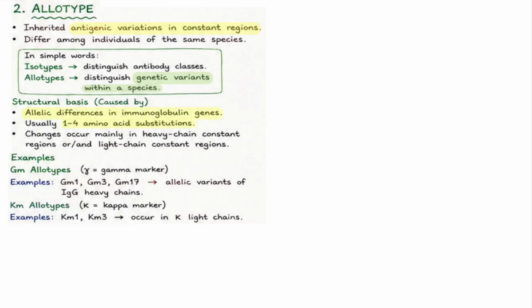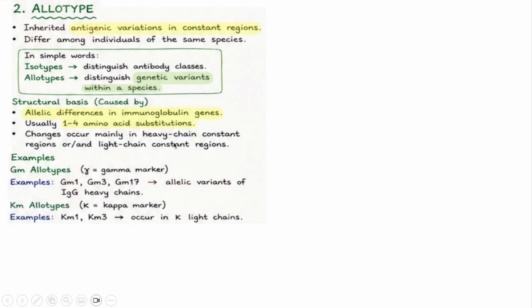If we talk about the structural basis, these allotypes are the allelic differences in immunoglobulin genes, and due to these allelic differences, when these proteins are translated, there are differences of about 1 to 4 amino acid substitutions, and these changes mainly occur in the heavy chains or light chains, but only in the constant regions.